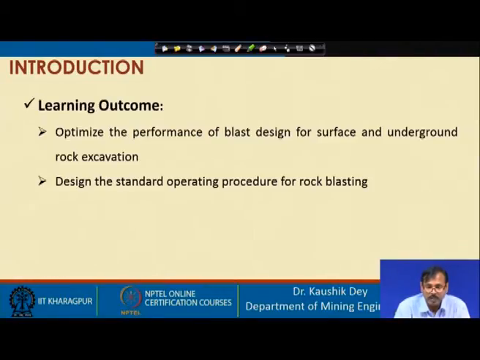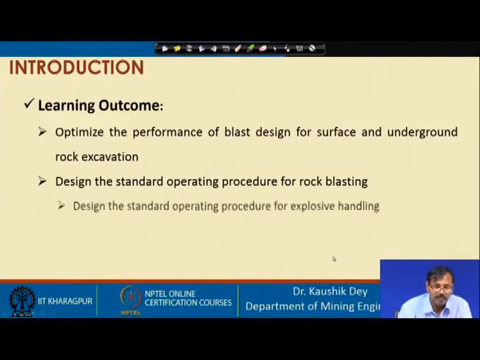A small mistake by a person may lead to the fatality of 20-30 people. So, that is totally unwanted. We do not want any ignorance in that. That is why a standard operating procedure must be developed and followed for every blasting practice.